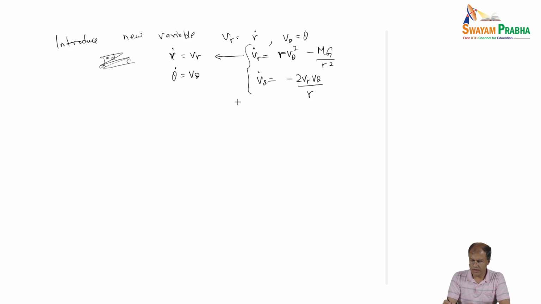This is directly from the Lagrange equations of motion. So now we have 4 equations of motion for variables r, theta, Vr and v theta. And that is how we reduce equations of motion from second order to first order.